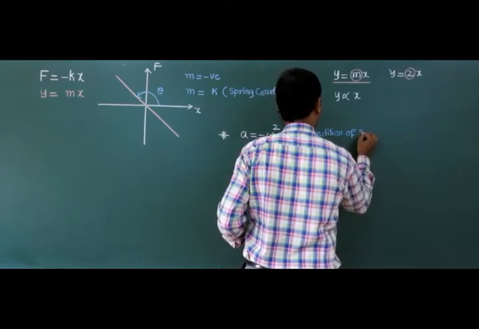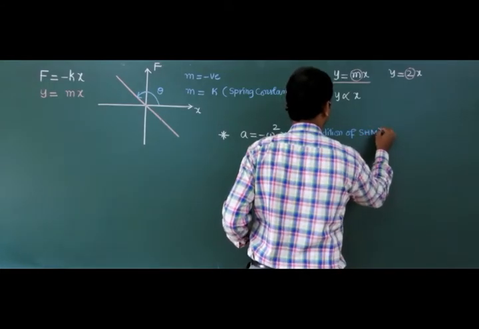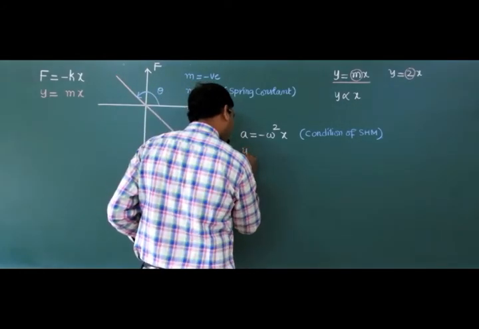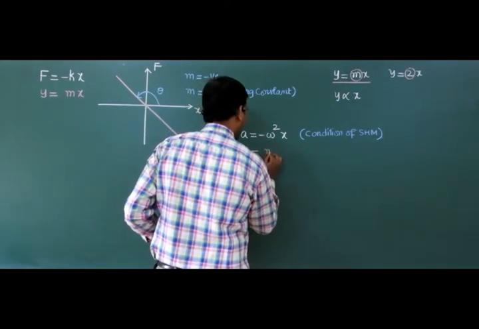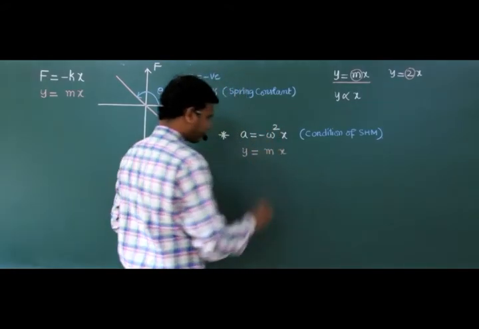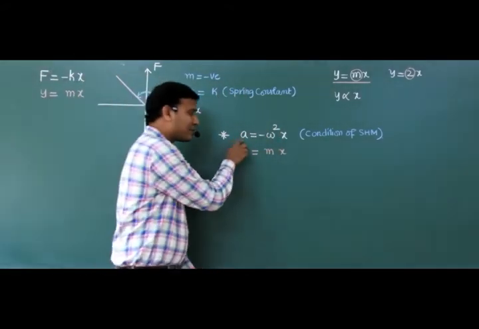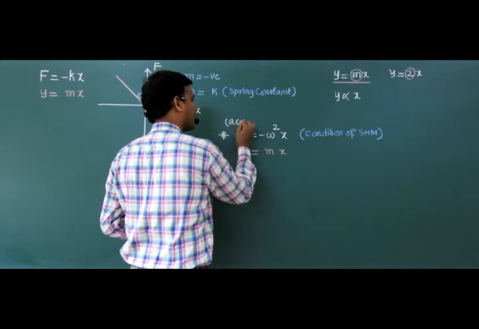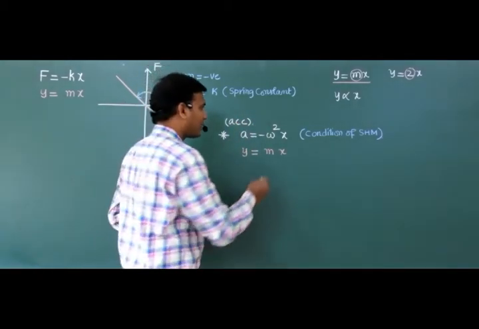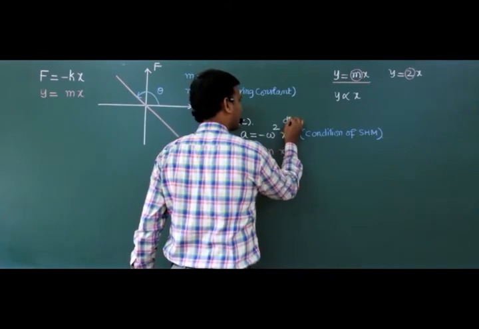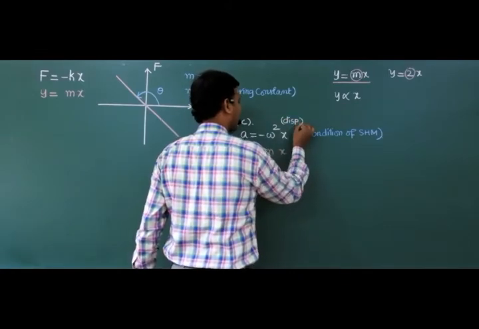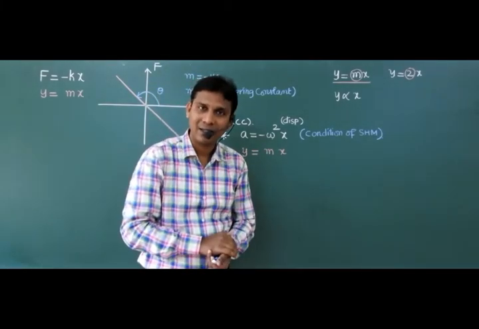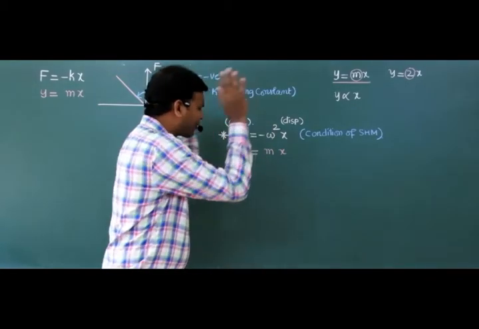Clear? Then it is also in the form of y is equal to mx. Am I right? So here what is A? A is acceleration. X is nothing but displacement. What is omega? Omega is angular frequency. Clear? Right? So you forget about all these terms.